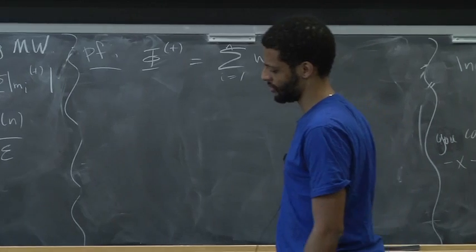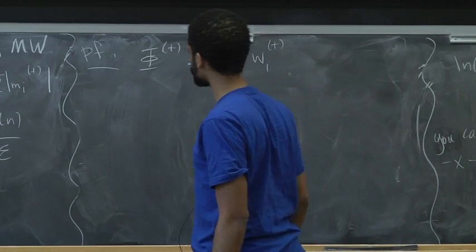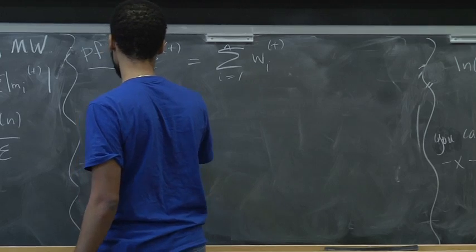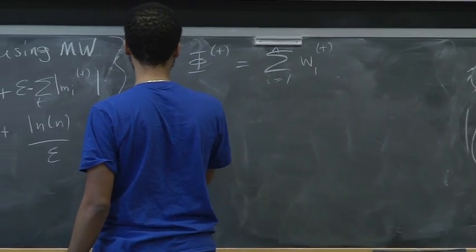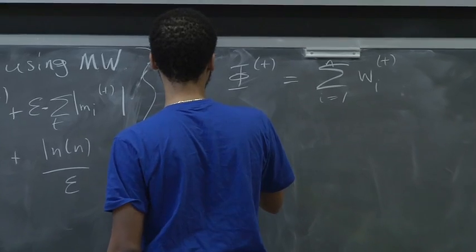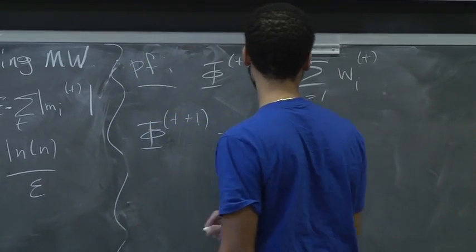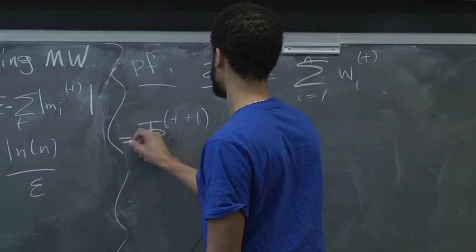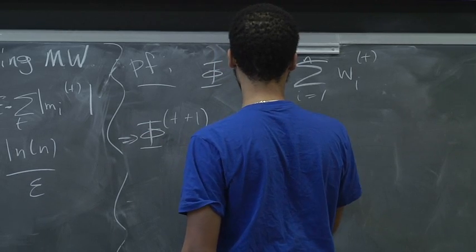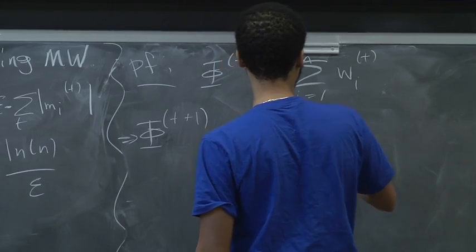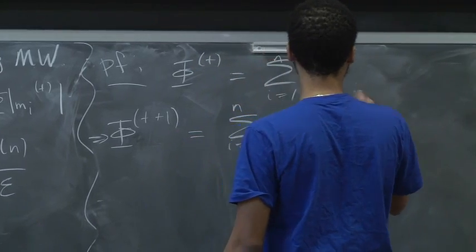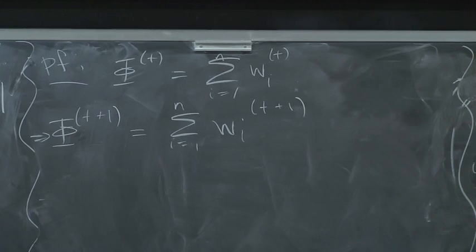Okay. So let's see how these things relate. Phi of t plus 1 is equal to, by definition, the sum i from 1 to n of wi of t plus 1. And now we're just going to plug in the definition.